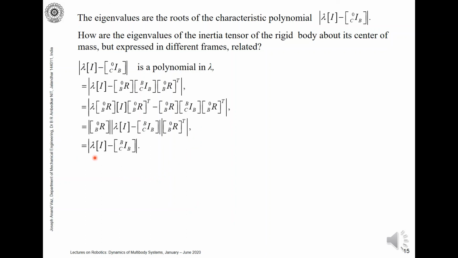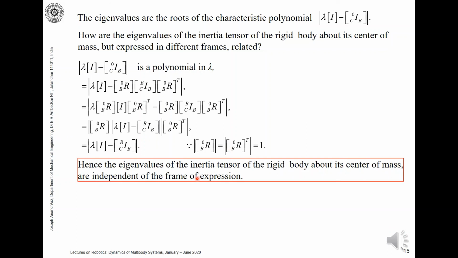And this can be written as the determinant of lambda I minus I_B with respect to C expressed in the frame B. This is because each of these determinants, determinant R_B^0 and determinant R_B^0 transpose, become equal to 1. This is based on the properties of the R matrix, which we have already seen earlier. Hence, the eigenvalues of the inertia tensor of the rigid body about its center of mass are independent of the frame of expression.